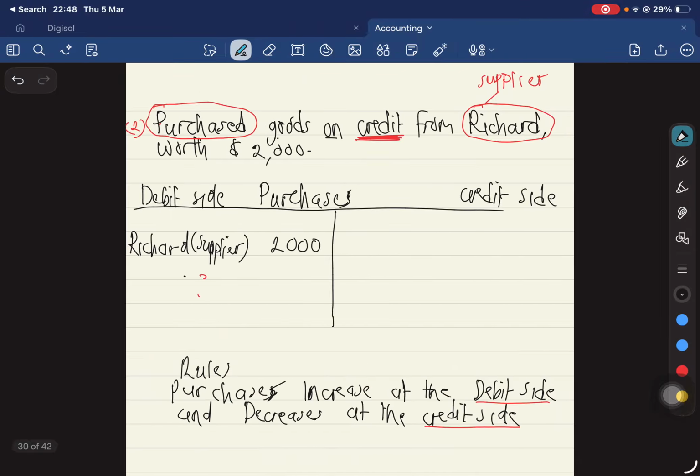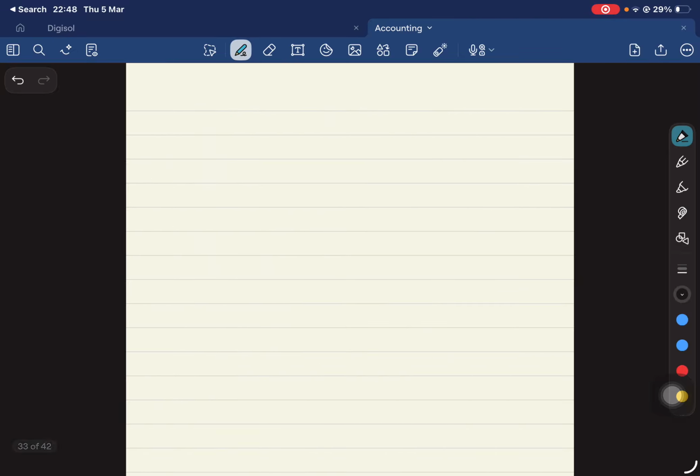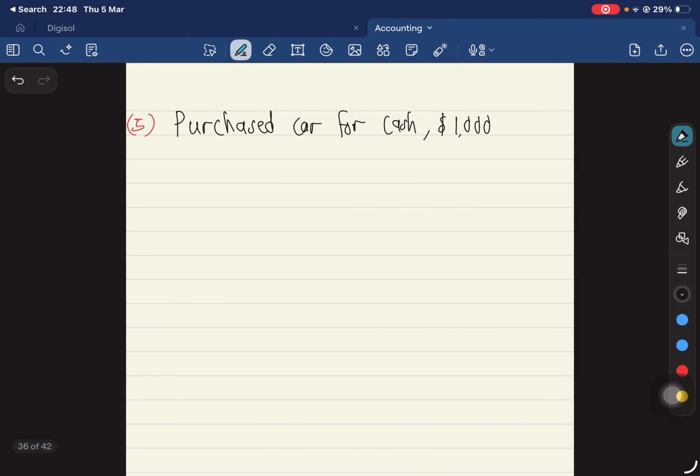Now let's look at example 5. Example 5. Purchased car for cash, 1,000.